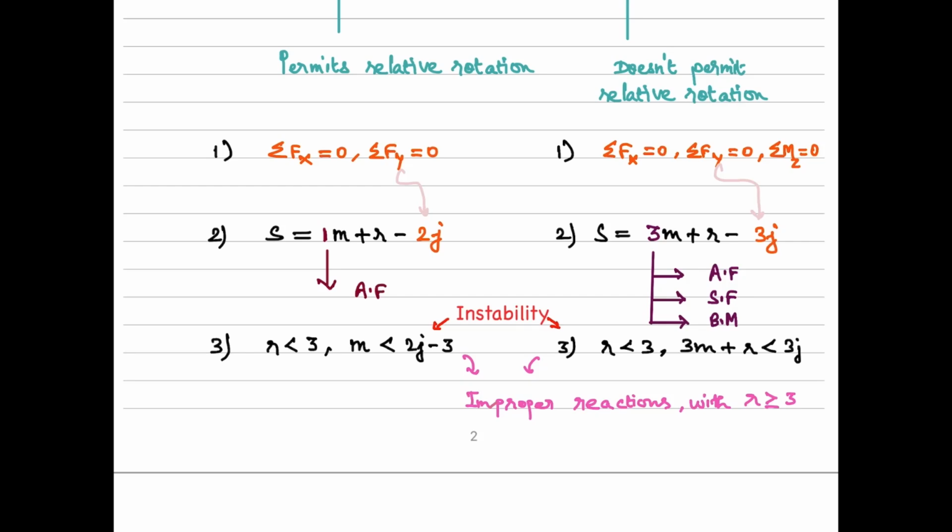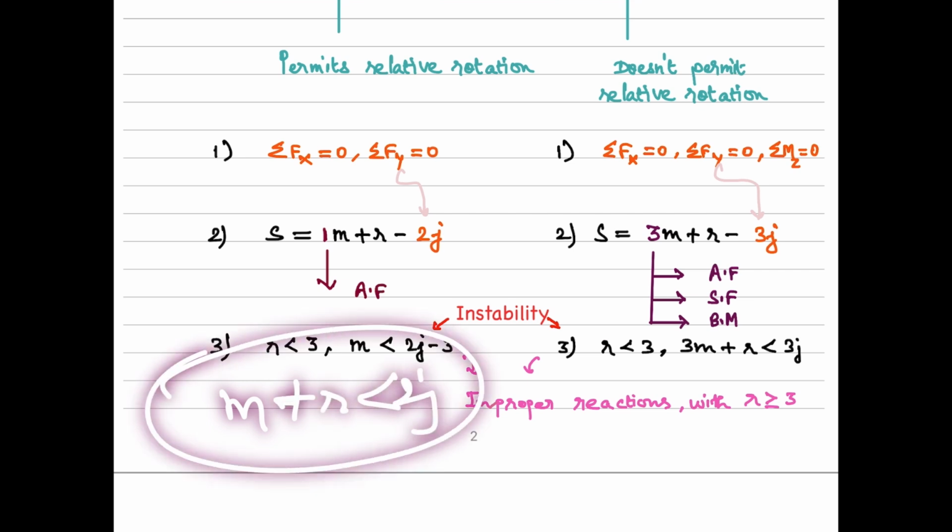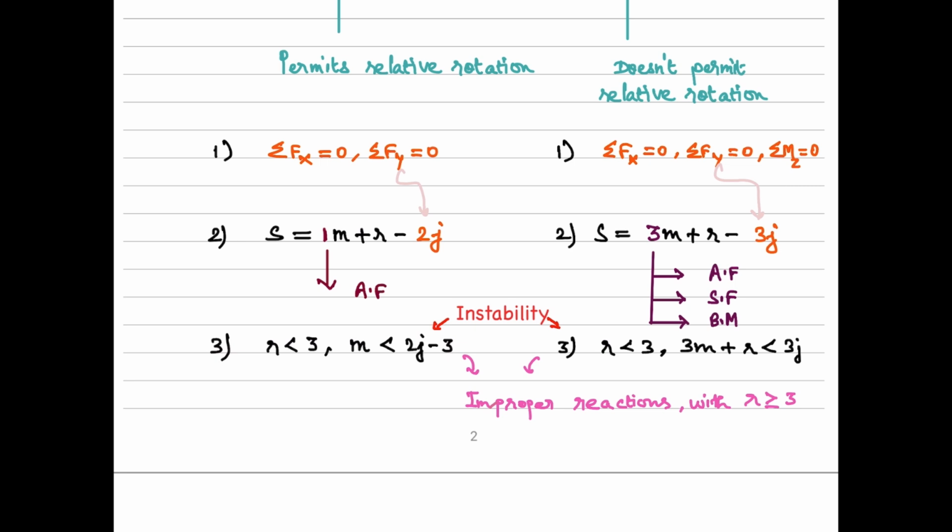But the last aspect is, in case of a truss, we said if m plus r is less than 2j, we don't have enough number of unknowns, but we have more equations to be solved for fewer unknowns. In that case, what we can mathematically say is we have an underdetermined set of linear simultaneous equations.